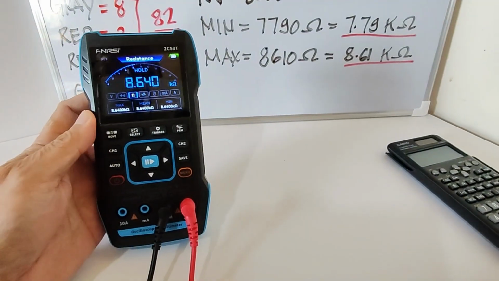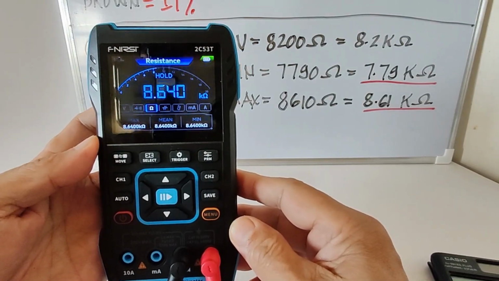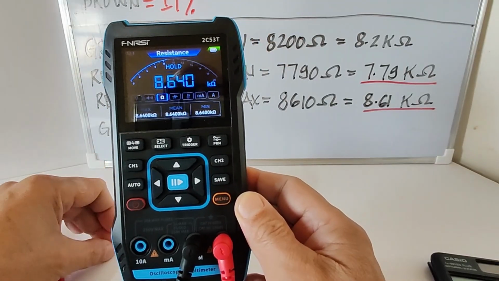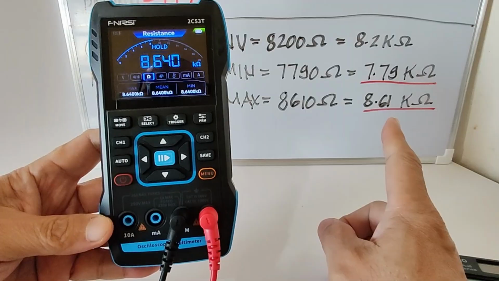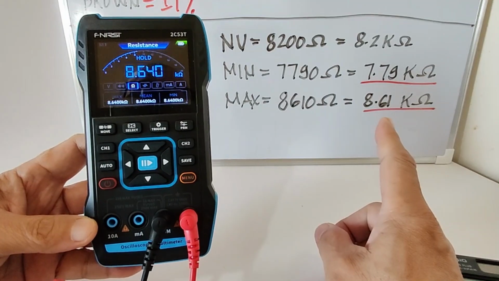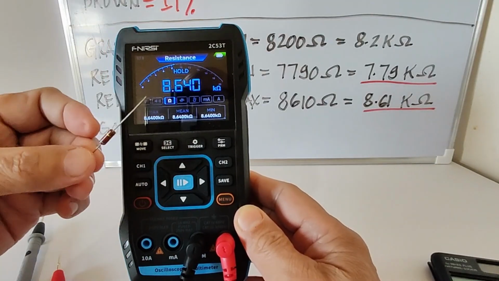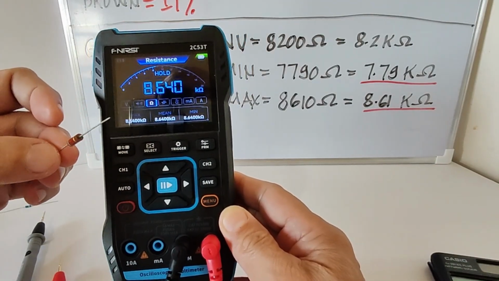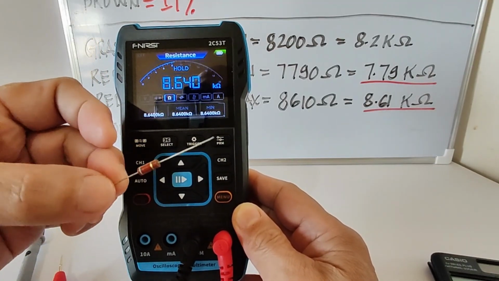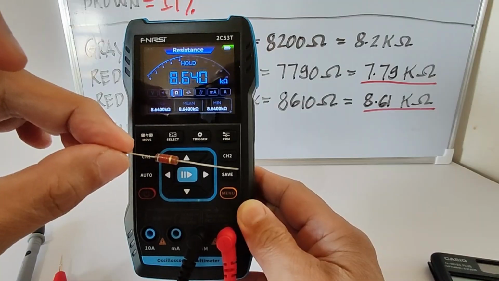As you can see, the meter is saying that the actual measured value of the resistor is 8.64 kiloohms. Comparing that with the allowable range computed earlier, we can see that the maximum is at 8.61 kiloohms. This clearly shows that the actual measured value is slightly over the maximum allowable measured value. What does that mean? It means that this resistor, the brown one I have here, is actually out of tolerance and it's not fit for use anymore.